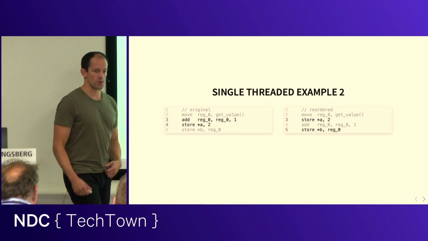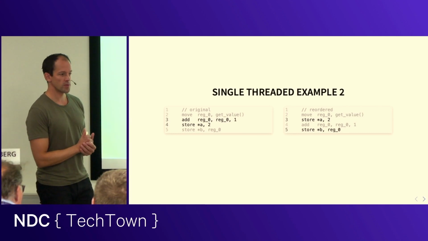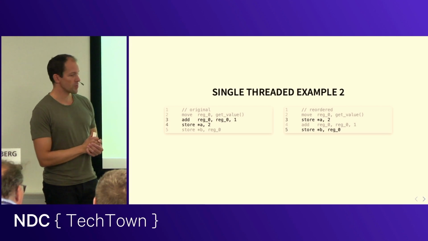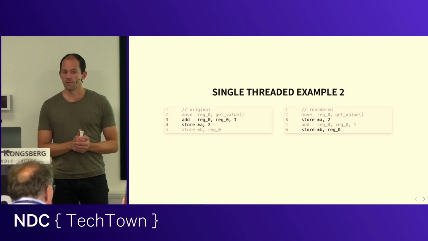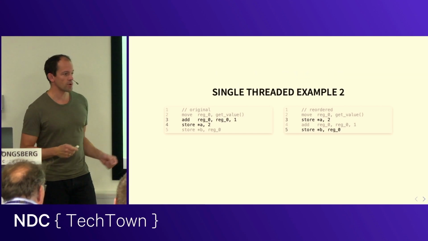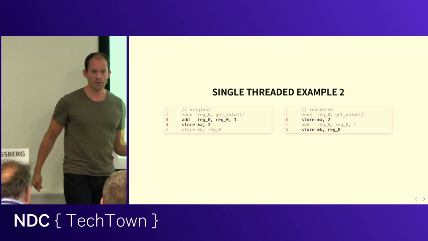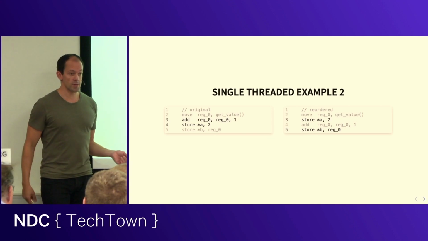What about the two stores? If you somehow figure out that it's more beneficial to do them in the opposite order, could we swap the order of the stores? Some nos. They are both in the original program, pointers of the same type. So it could be that both of those are actually pointing to the same place, right?